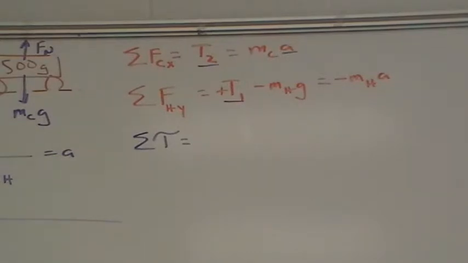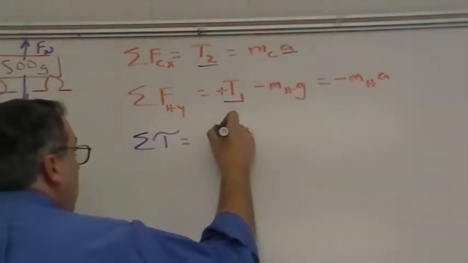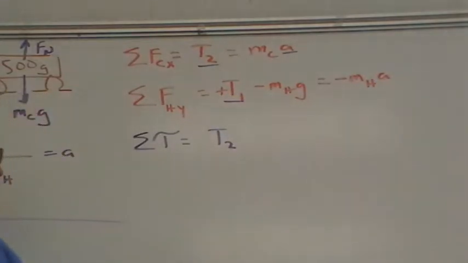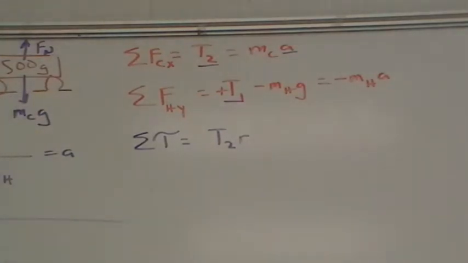So there's 2 torques now. If I want to write what is the torque due to T2, it would be T2 times the radius. I need the perpendicular distance up to the force. And that distance is the radius. So T2 times R. Does T2 make the pulley want to go clockwise or counterclockwise?